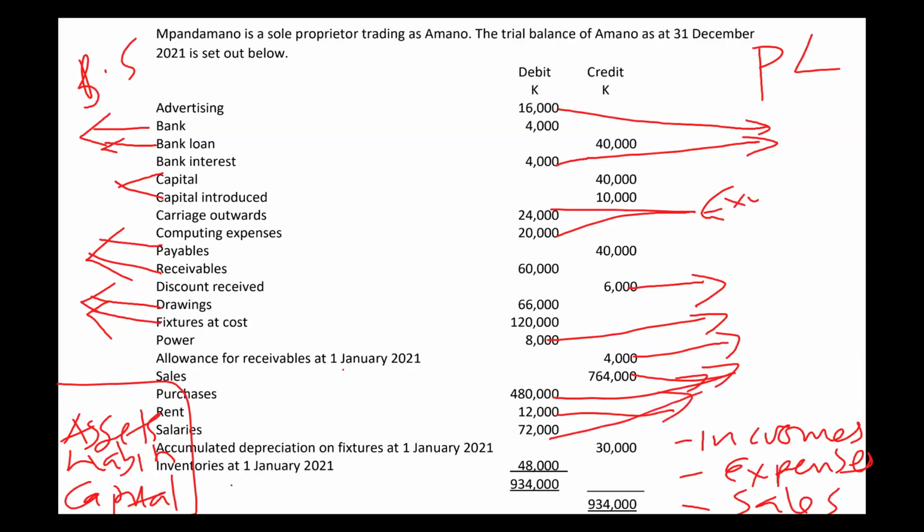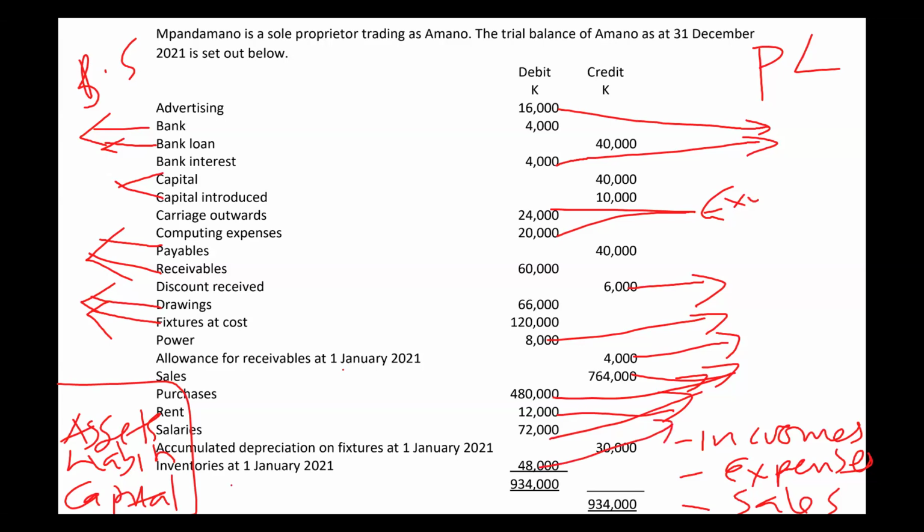Right. What about depreciation and opening inventory? Opening inventory, you had said profit and loss. And then you said it's an asset, I think.